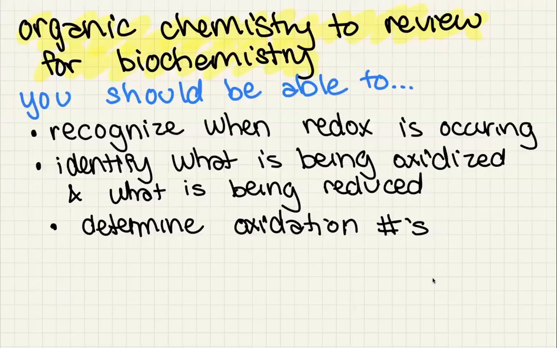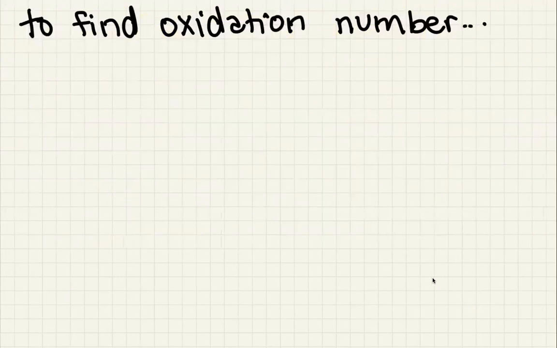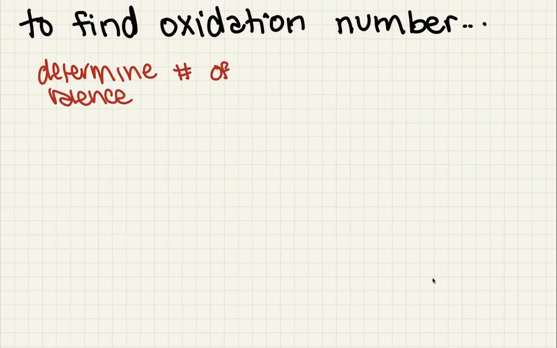So to review, what you should be reviewing: recognize when redox is occurring, identify what's being oxidized and what's being reduced, and determine the oxidation numbers. So remember, to find the oxidation number, what you want to do is determine the number of valence electrons in neutral form.